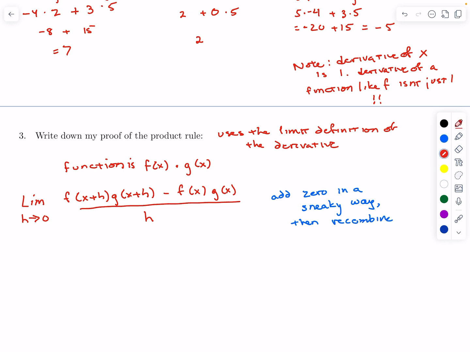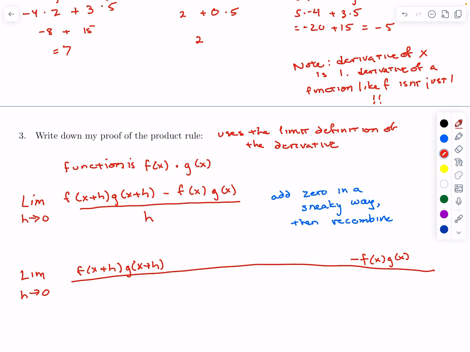I'm going to just stretch this out. I'm adding 0 in the middle. So I'm going to subtract f of x, g of x plus h, and add it.